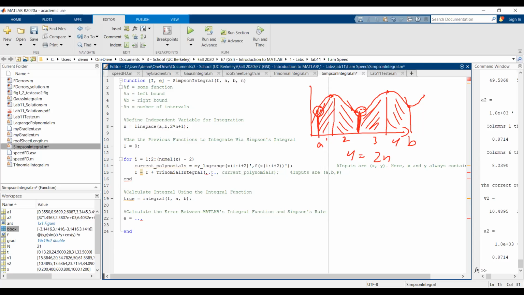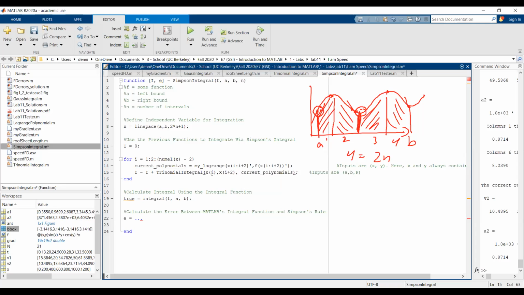Trinomial integral is what we defined previously. We didn't discuss that too much here, but basically the inputs are a and b. Now be careful, it's not the same a and b. We'll need the leftmost point, which is going to be x i, and this one is going to be x i plus 2.